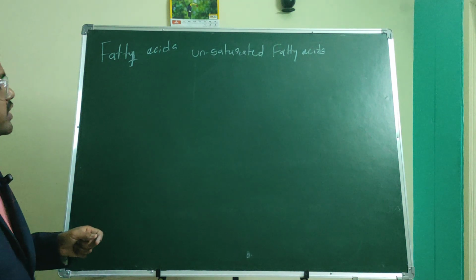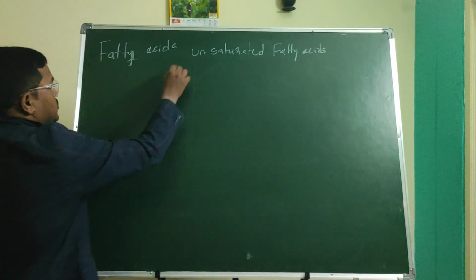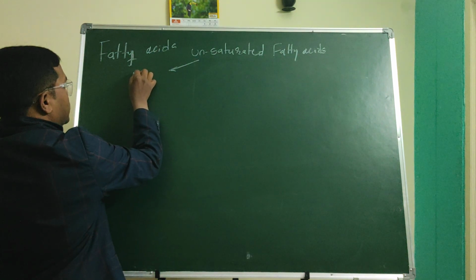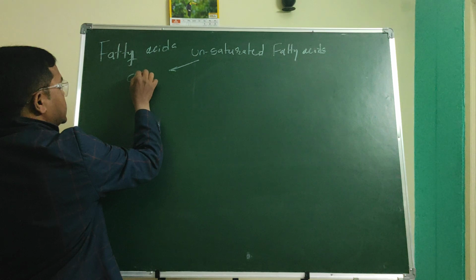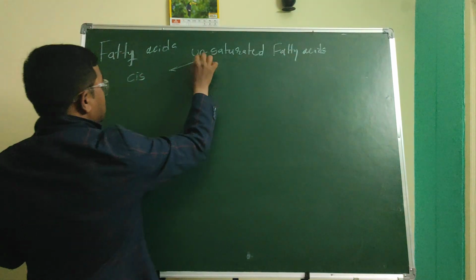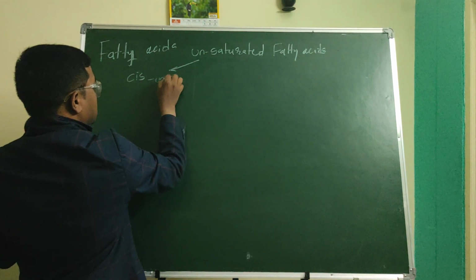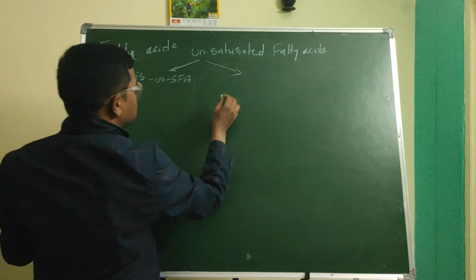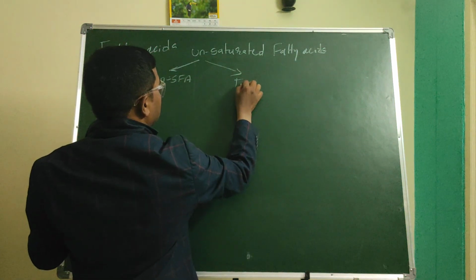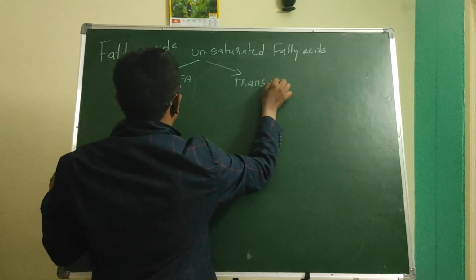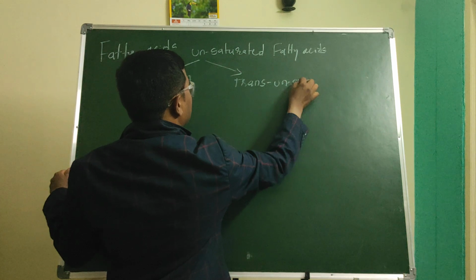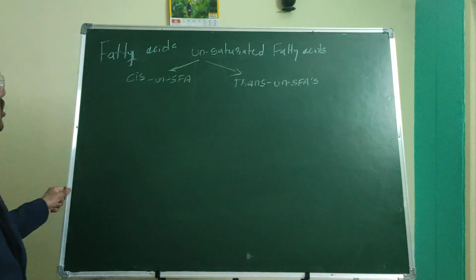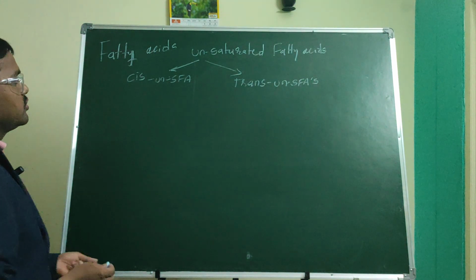These unsaturated fatty acids are again of two types based on double bond orientation: cis unsaturated fatty acids and trans unsaturated fatty acids.